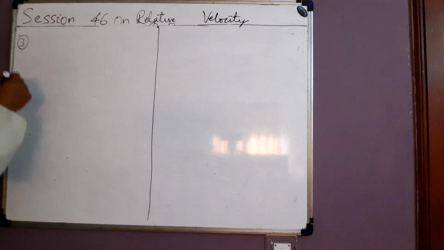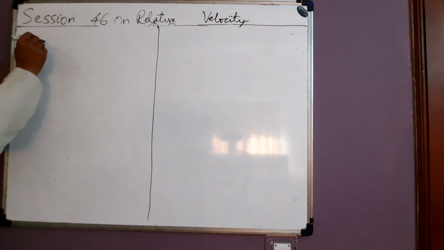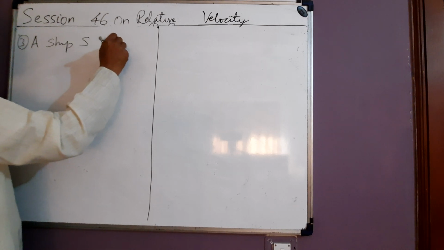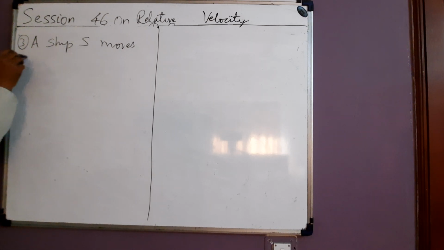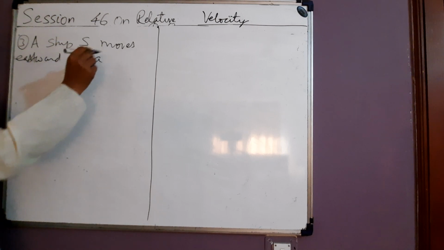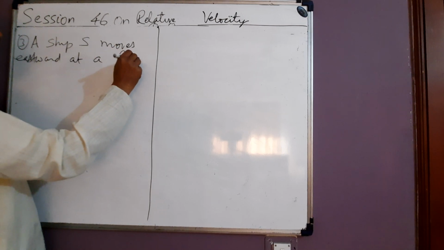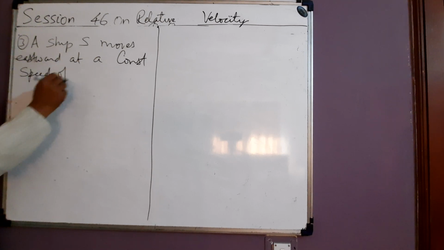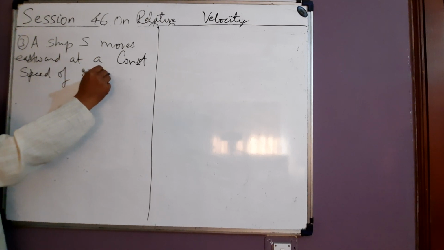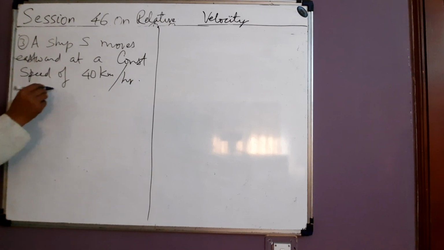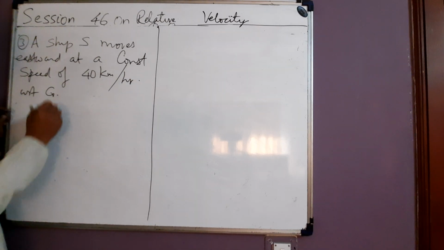A ship S moves eastward at a constant speed of 40 km per hour with respect to G, meaning ground.